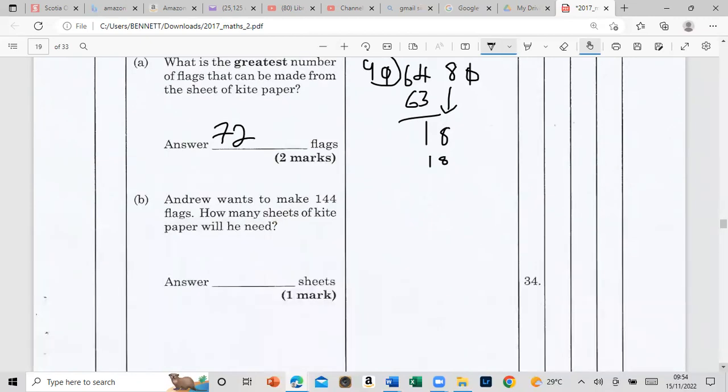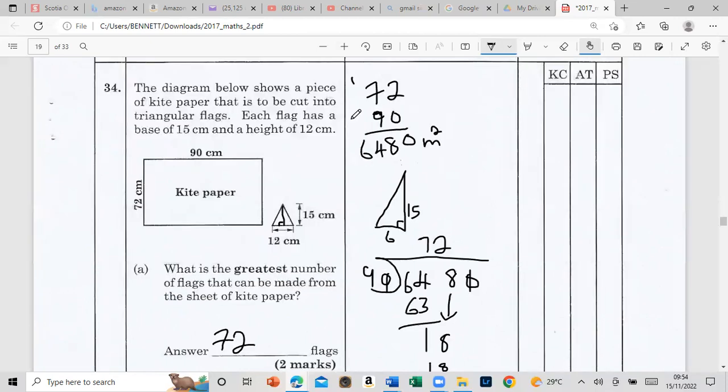Alright, Andrew wants to make 144 flags. How many sheets of kite paper will be needed? 144. Oh, they just double this. So we have to double everything. How many sheets of kite paper should we need? Just two. This is one sheet, right? Let me see if this is one sheet.